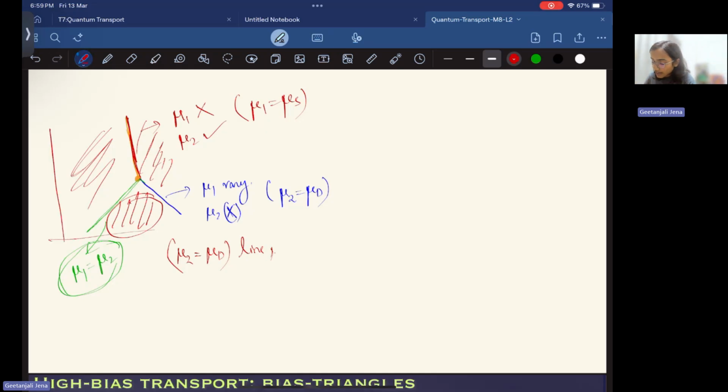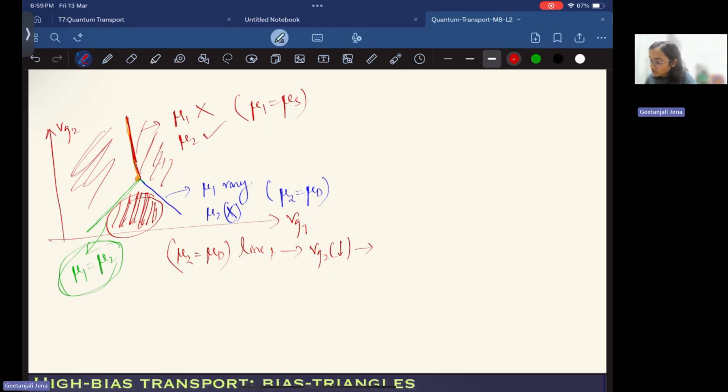That means in the charge stability diagram, this will represent that we are decreasing the value of VG2. So we are studying below this blue line. So that means we are decreasing VG2.